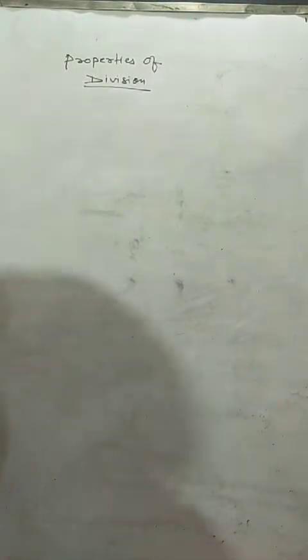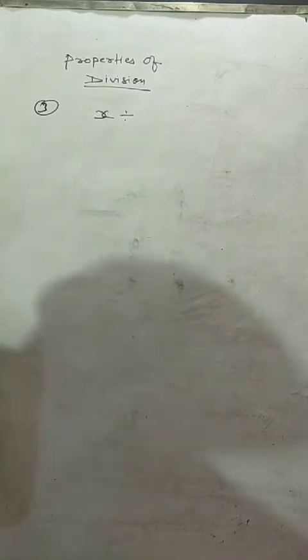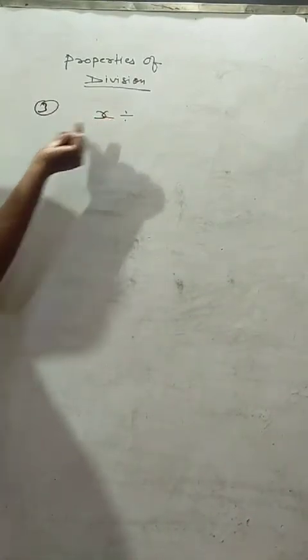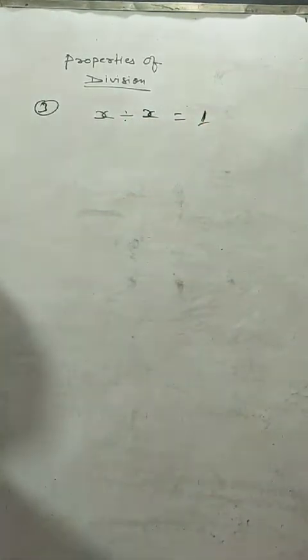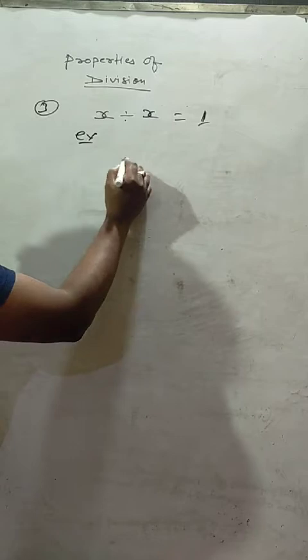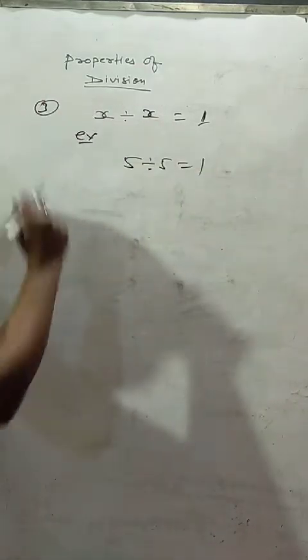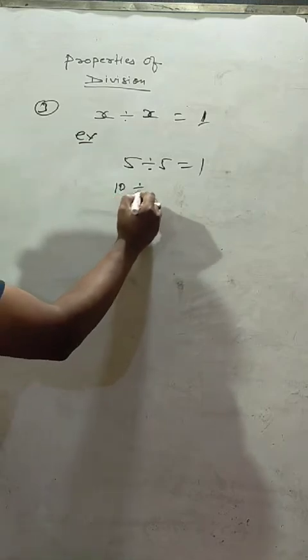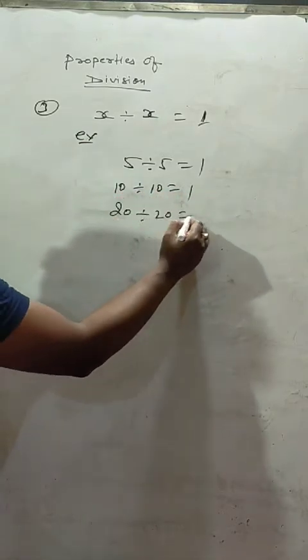Third property. Suppose x is an integer. If we divide this integer by the same integer, the result is always 1. See the example, 5 divided by 5 is always 1. Okay, 5 times 1 is 5. 10 divided by 10 is always 1. 20 divided by 20 is always 1.